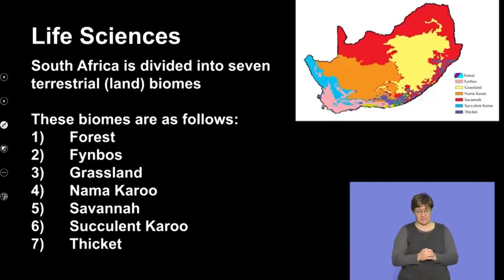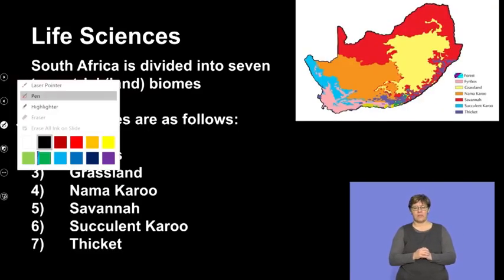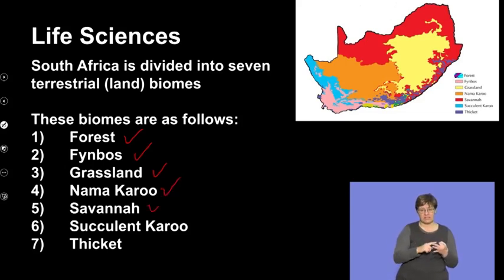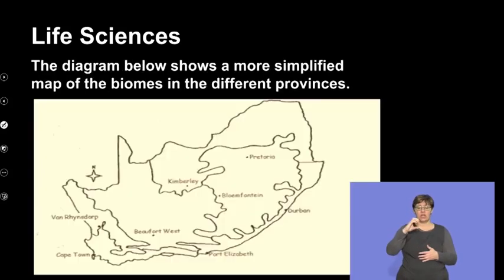As we move on, it's important that we recognize these biomes and learn where these biomes are. It's important that biomes are understood in the context of where they are. So as I mentioned, we've got the forest, the fynbos, the grasslands, the Nama-Karoo, the savannah biomes, the Succulent Karoo, and your thicket. Let's look at the context of these in terms of where we are in different provinces.